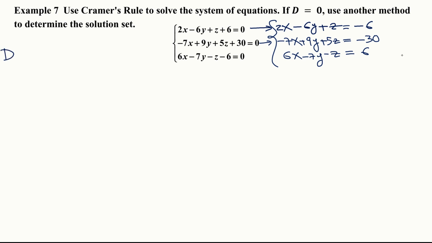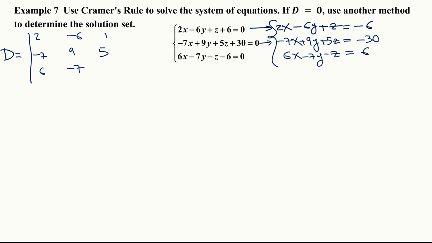Now D here is going to be the determinant composed of all the coefficients of the variables. So 2, -7, 6, -6, 9, -7, 1, 5, -1, right?